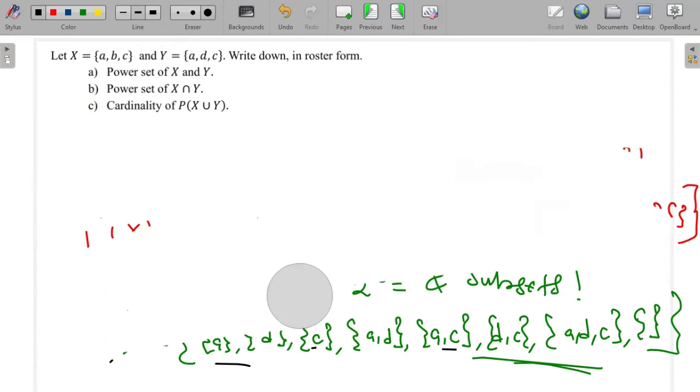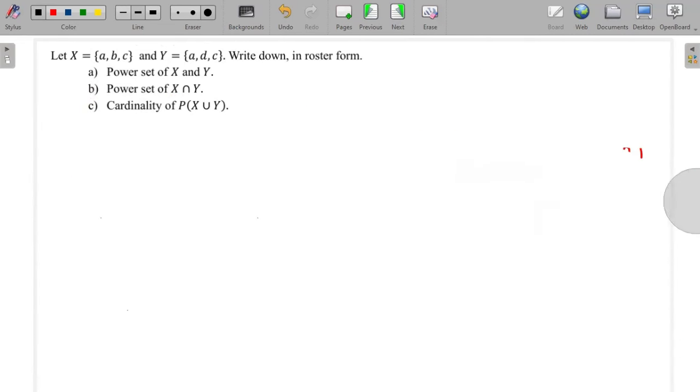Let's look at C. They're saying find the cardinality of the power set of X union Y. These bars here just mean the cardinality. So how do you find the cardinality of the power set?